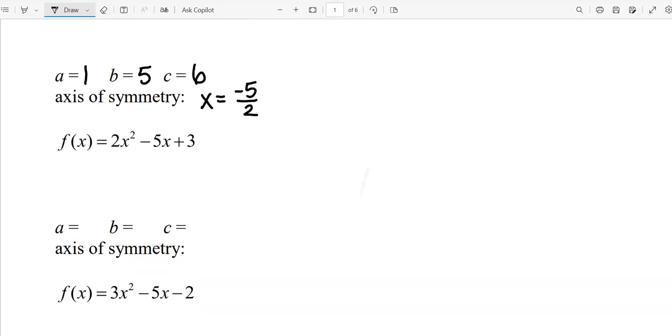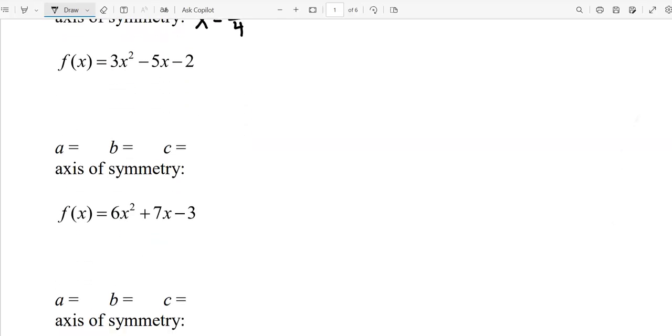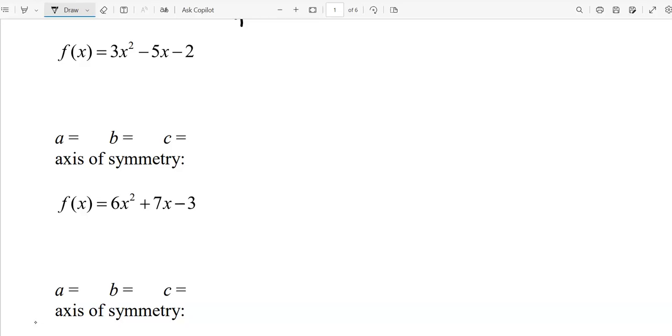Yeah? Alright. This one, A, 2, B, -5, C, 3, axis of symmetry, 5/4. X equals 5/4. Okay. Next one, A, 3, B, -5, C, -2, axis of symmetry, 5/6.